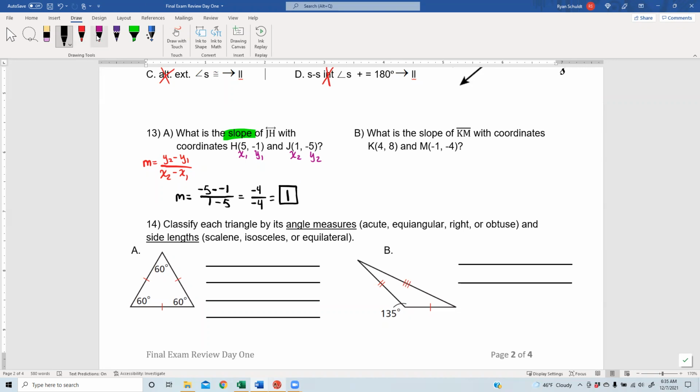Now for B, what is the slope of KM, where K has the coordinates 4, 8, and M has the coordinates of -1, -4? Again, label your points.